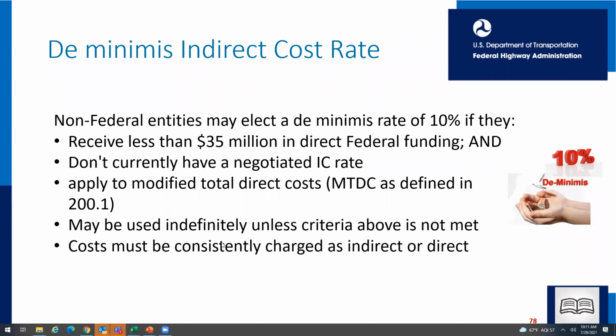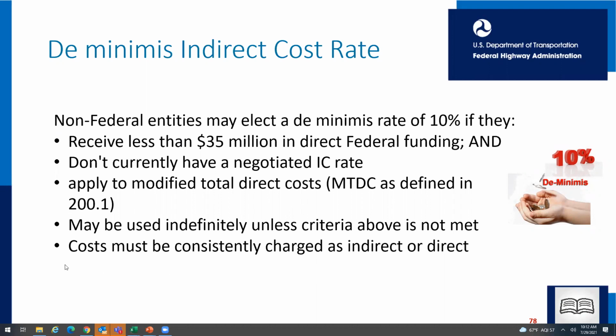You can use this 10% indefinitely until the above criteria is not met. And we have to still make sure that we're doing a consistent charge of an indirect or a direct. So you can't say, well, we're using de minimis now, so we're going to call this cost a direct cost and apply the 10% when technically that cost would be considered an indirect cost in your normal course of business.